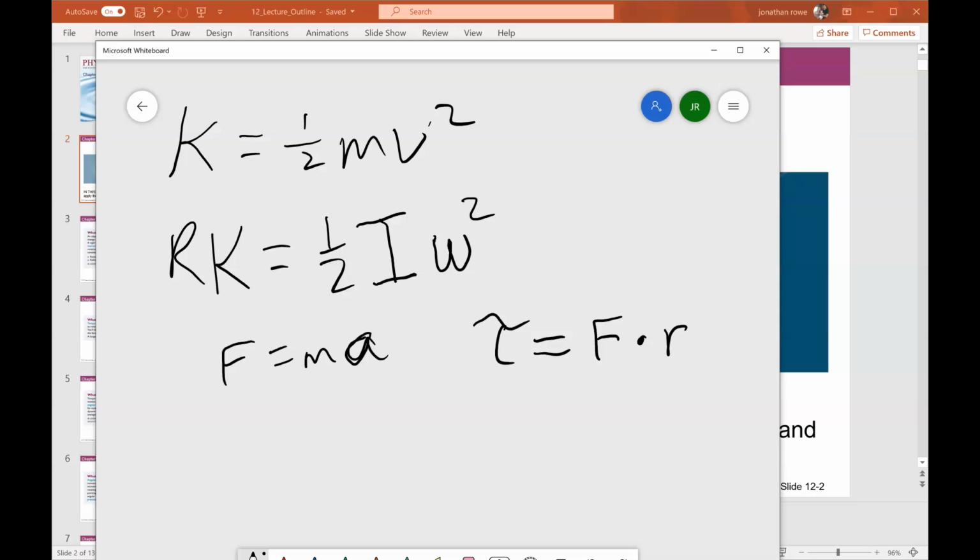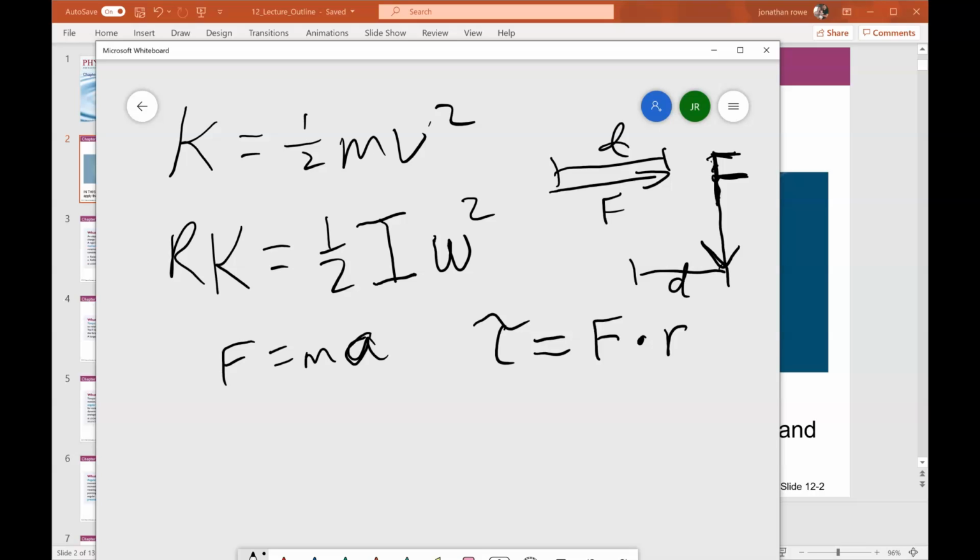You know how work is equal to force times distance, but that's if you push in that direction with a force and it goes this far. That's the force, that's the distance, and they're in parallel directions. Torque, they're not in parallel directions, they are in exactly perpendicular directions. So your force may be this way, and your distance may be this way.